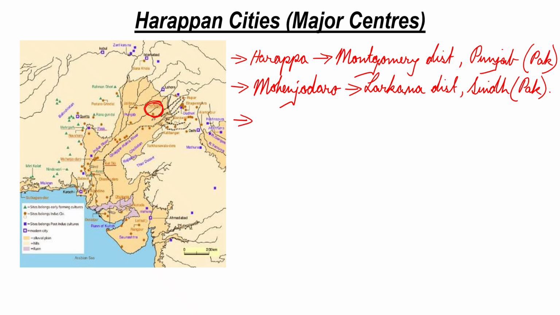Okay, so this is Mohenjo-daro. Another important site is Chanhu-daro. And where is Chanhu-daro? Chanhu-daro is 130 km south of Mohenjo-daro.